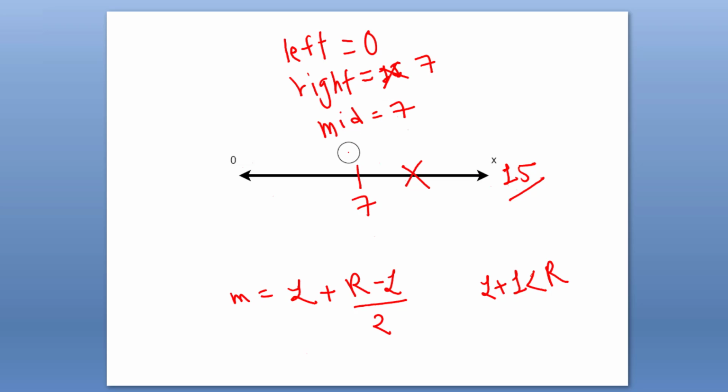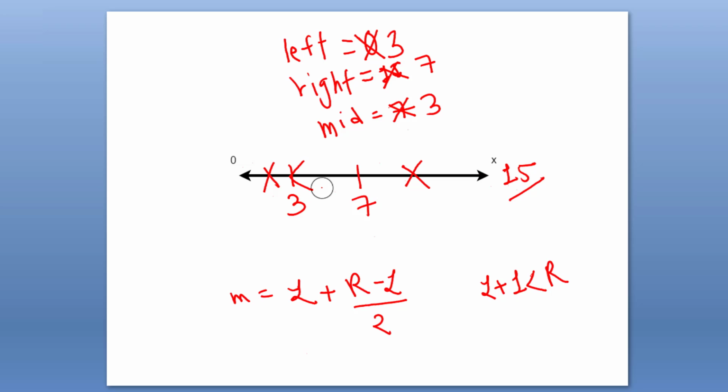And again, we are going to check the mid value, and the mid value from 0 to 7 is 3. We are going to check if 3 into 3 is less than or greater than or equal to 15. As it is less than 15, we are going to ignore this part and set our left pointer to the mid value.